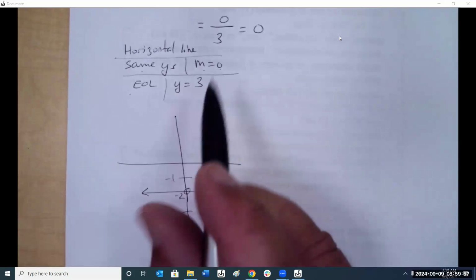It can only have the variable if it crosses that axis. Since it never crosses the x-axis, it can never have an x. And the only axis it crosses is at -2. So that's a horizontal line. The y's are the same. The equation is y equals whatever the y value is, and the slope is 0.